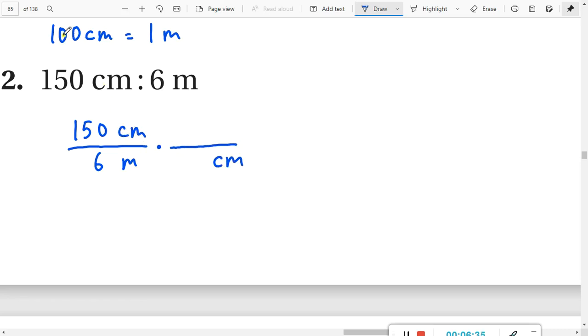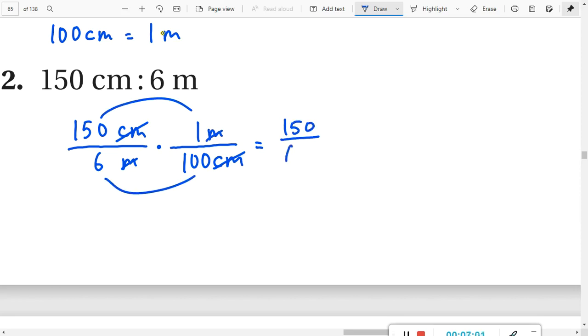So 100 centimeters equals 1 meter. I'll put 100 centimeters on the bottom and 1 meter on the top. Now centimeters and centimeters cancel. Meters divided by meters cancel. 150 times 1 is 150. 6 times 100 is 600.